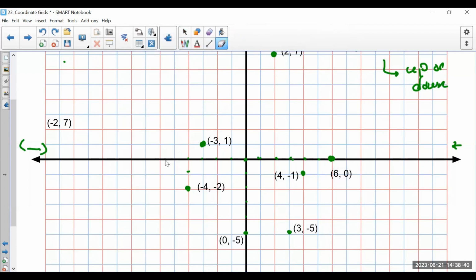Let me get rid of some dots here. So we're going to go left 2 spaces and up 7. That's negative, positive. So -2, 1, 2, but then up 7. 1, 2, 3, 4, 5. Way up there.